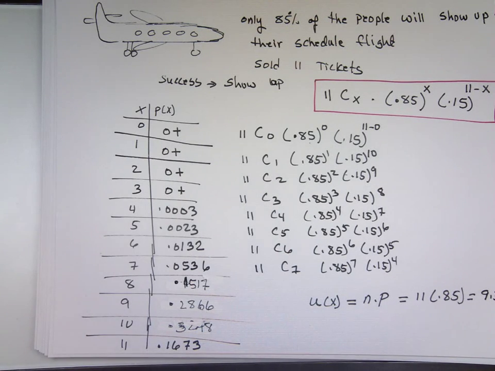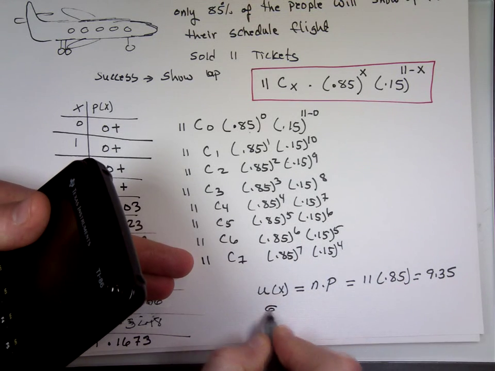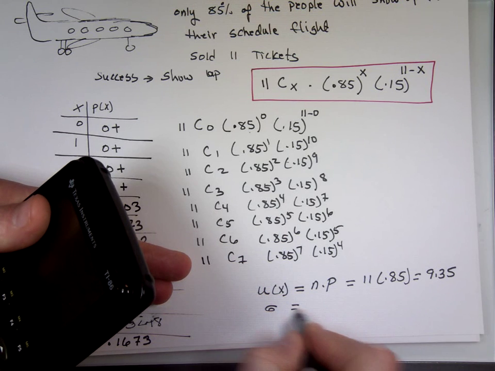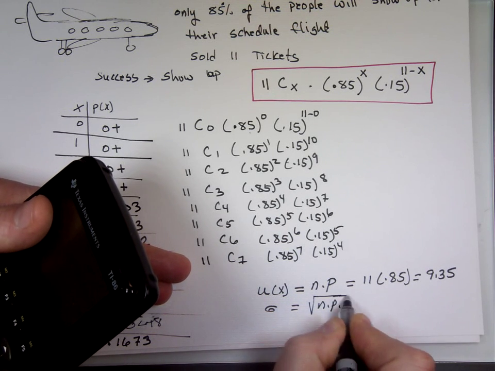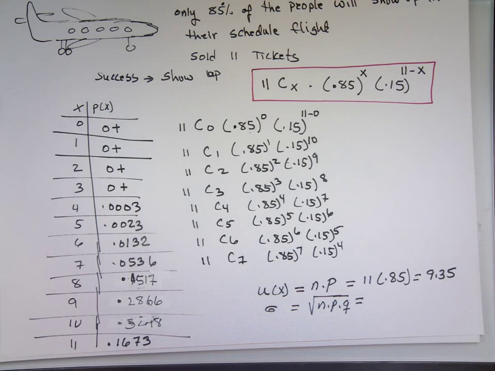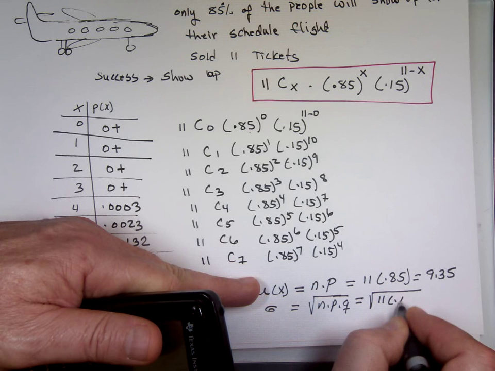The standard deviation, sigma, is the square root of n times p times q. So in this case, the standard deviation is the square root of 11 times 0.85 times 0.15.